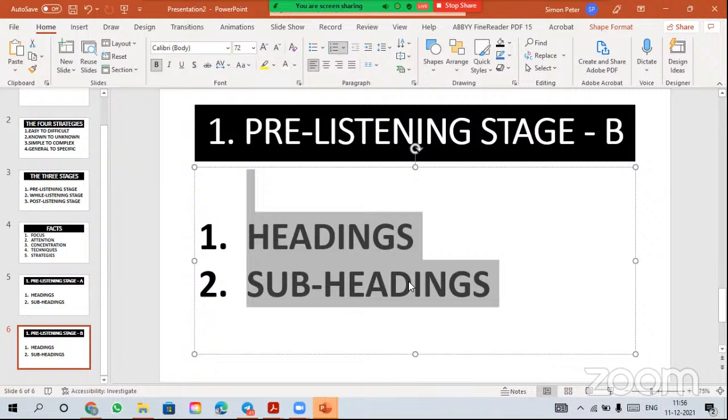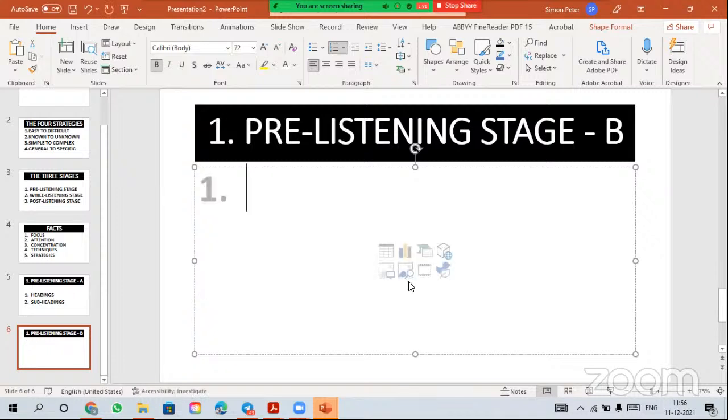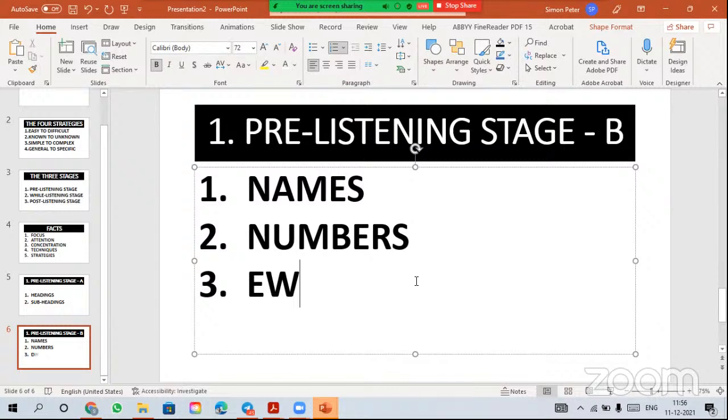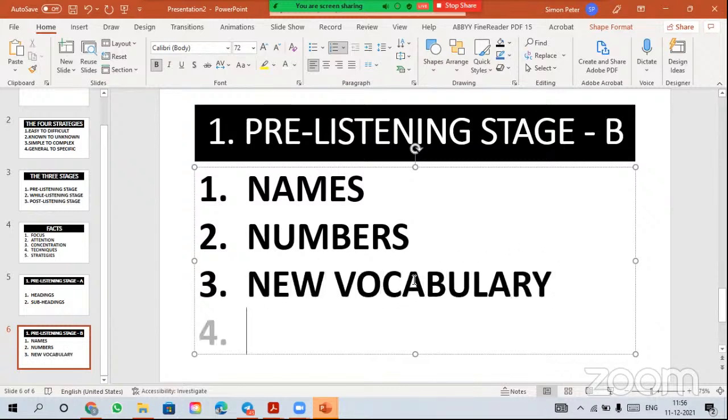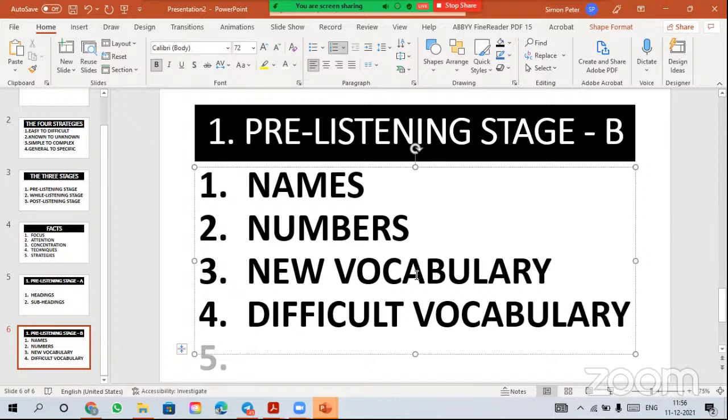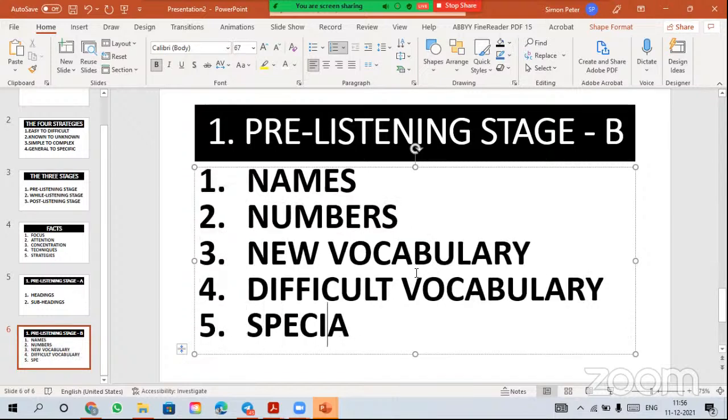Number one is names. Number two is numbers. Number three is new vocabulary. Number four is difficult vocabulary. Number five is special phrases. These are very important.